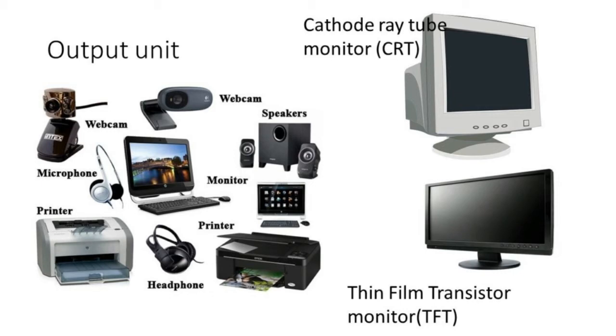The input data in the form of alphabets, numbers, pictures or cartoons and videos will be displayed on a monitor. There are two types of monitor, namely cathode ray tube monitors, CRT, and thin film transistor monitors, TFT. Nowadays, computer system has TFT monitor as they occupy less space and emit less heat than CRT monitors.